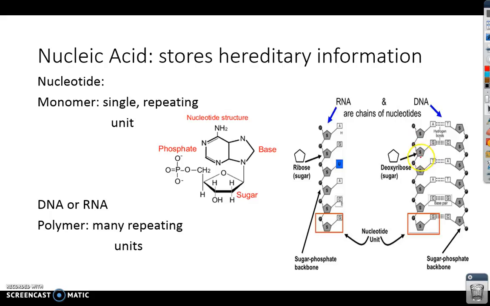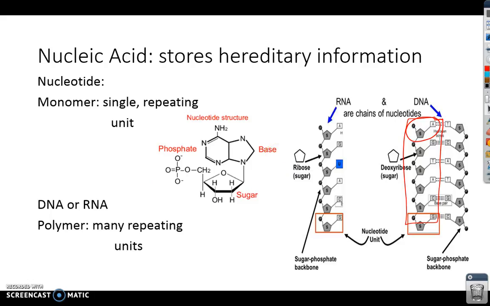Sugar, phosphate, sugar, phosphate, sugar, phosphate. That's what we call the backbone. And then we have our base in the middle with hydrogen bonds holding them together. So you can see just this side there is our repeating unit, that's our polymer. And this is our monomer, which is the nucleotide structure.